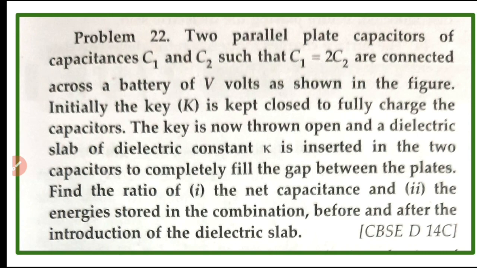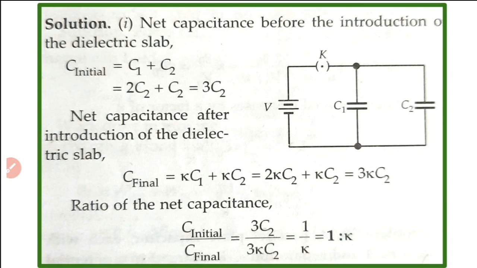Find the ratio of net capacitance and the energy stored in the combination before and after the introduction of the dielectric slab. Even if the question is very lengthy, the answer is very simple. You are asked to find the ratio of net capacitance before and after the insertion of the dielectric slab.